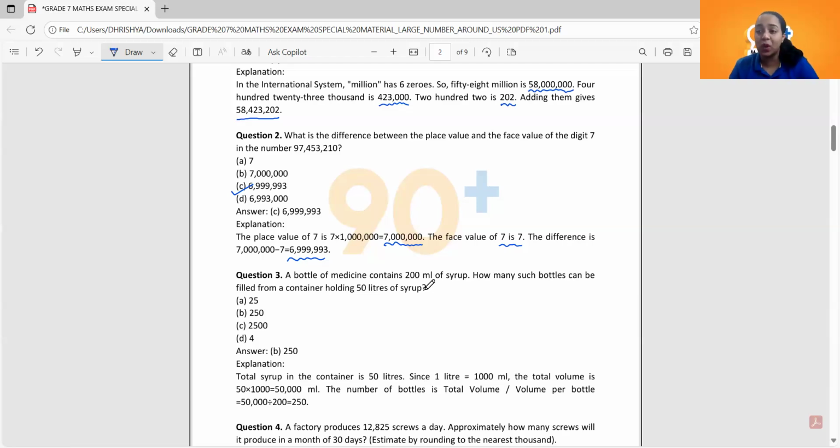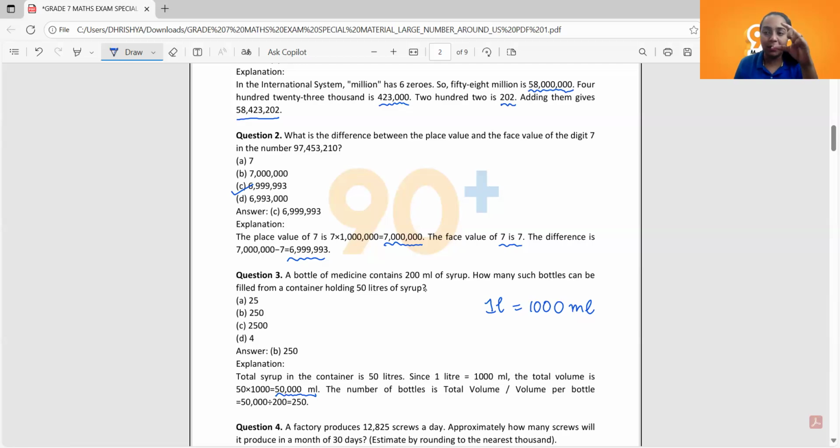It's 50 liters and 200 ml. So we'll convert first the liters into milliliter. 1 liter is equal to 1000 ml. So 50 liters into 1000 ml will be 50,000 milliliter.